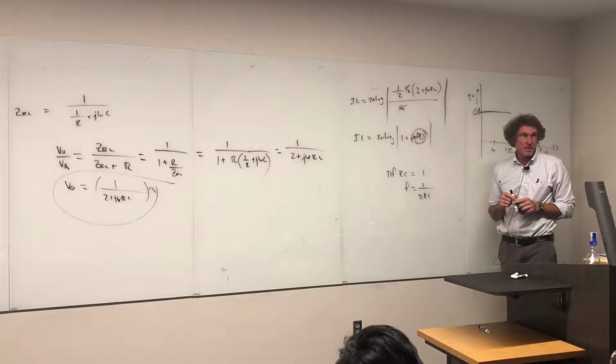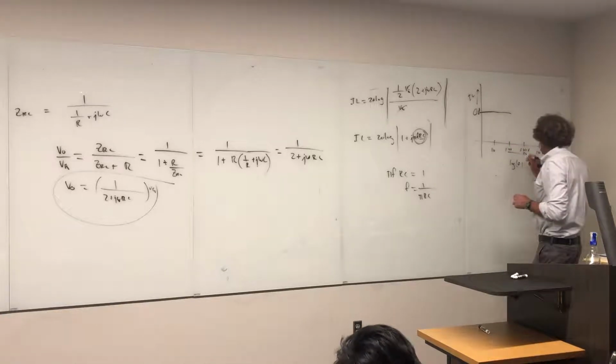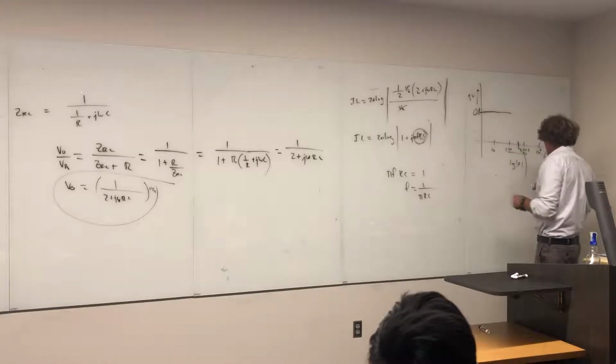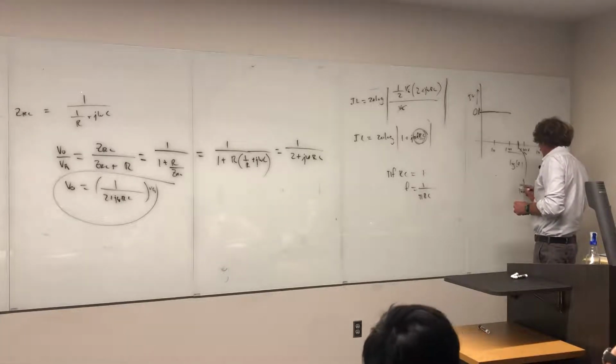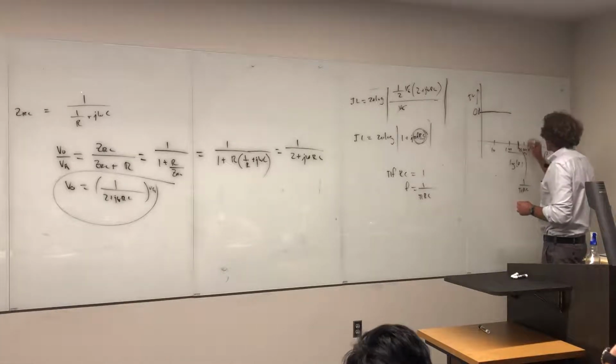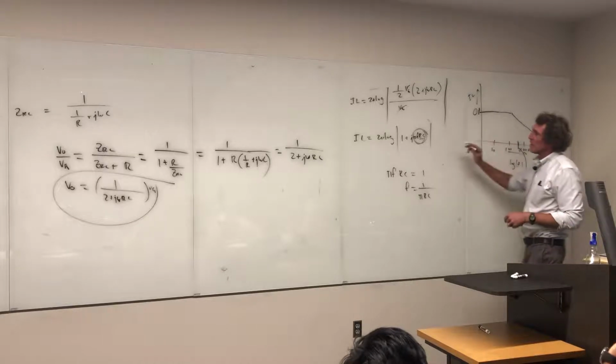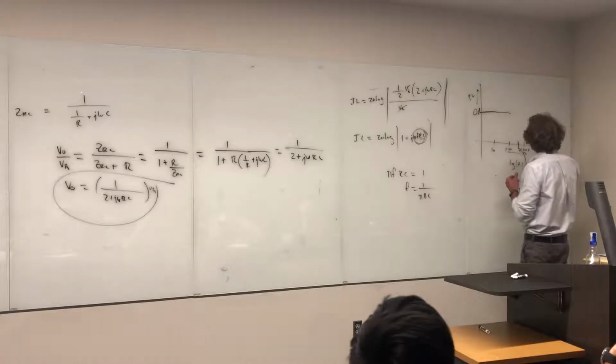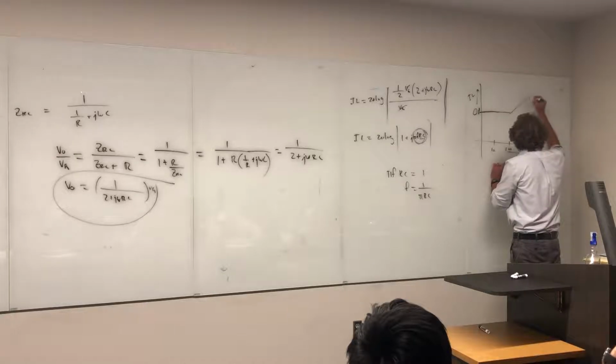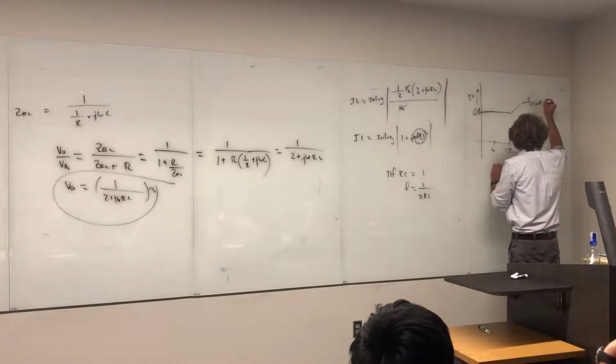Everybody follow me, class? So whenever this frequency is equal to 1 over pi times RC, that's the point where it starts going up, not coming down, at plus 20 dB per decade.